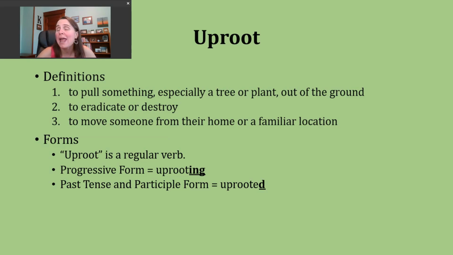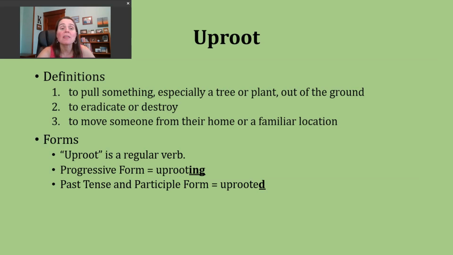A third way you might encounter the verb uproot can mean to move someone from their home or a familiar location. And I think we could actually even make that third definition broader, not just a person, but really anything, or maybe an animal in this case. We'll look at some examples of these definitions a little bit later.